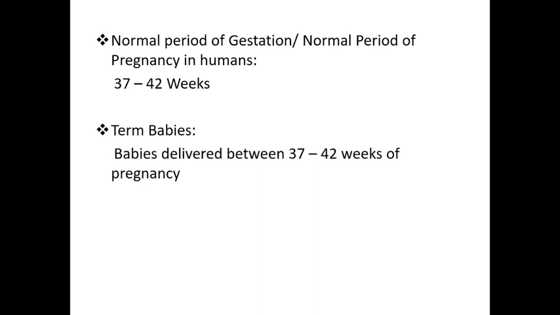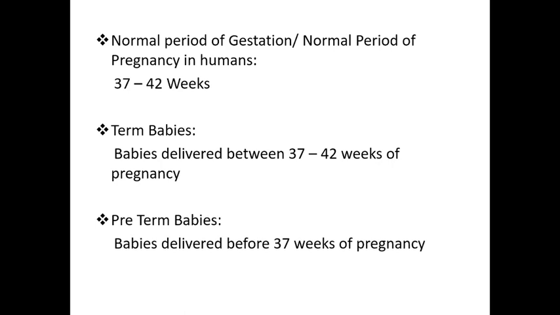If the babies are born between 37 to 42 weeks of gestation, we call them term babies. If the babies are delivered before completion of 36 weeks, the babies are called preterm babies.